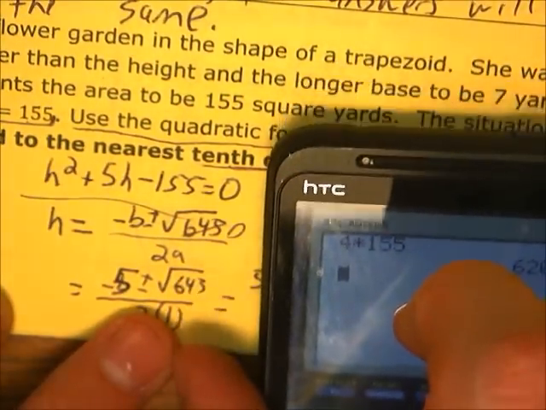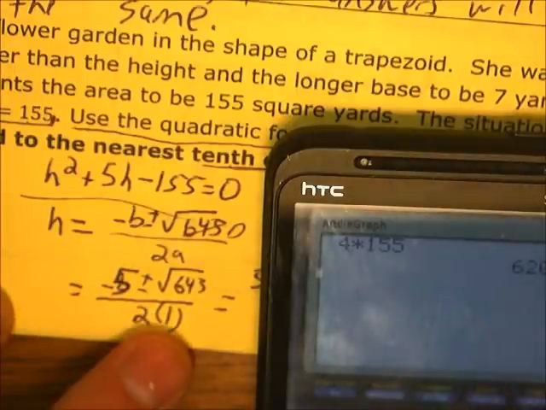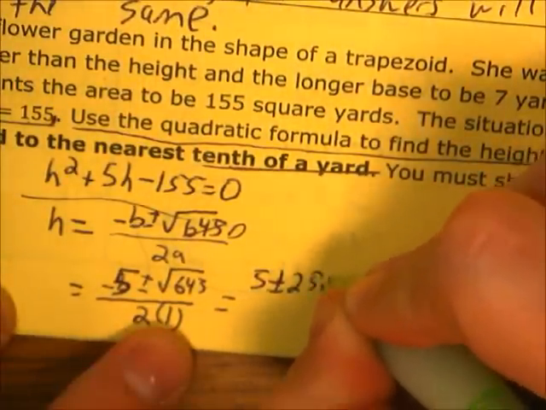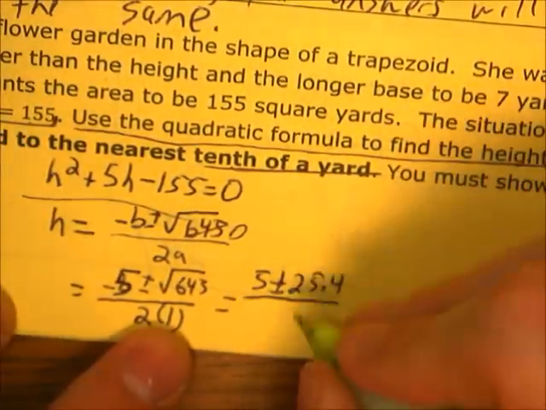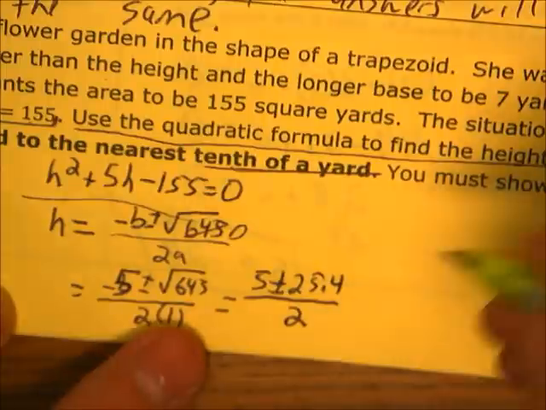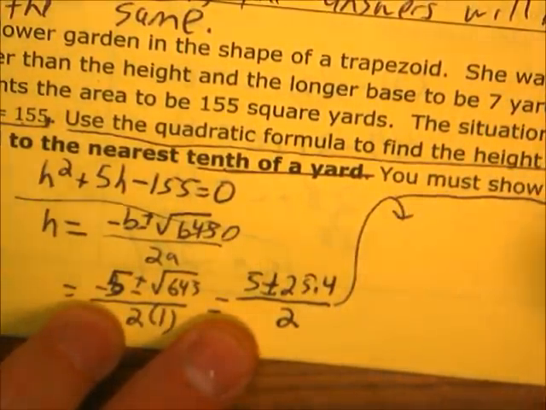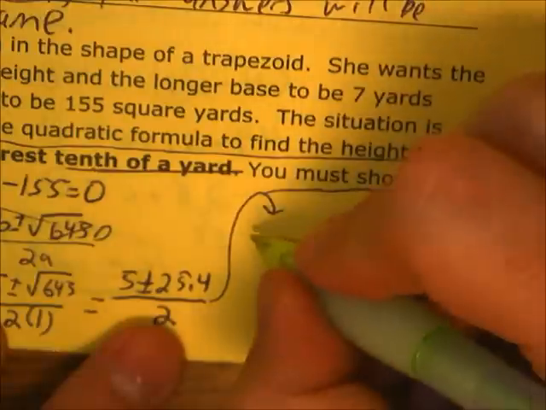now the square root of 645 is 25 point, it says nearest tenth, so 25.4 plus or minus 25.4 all over 2. Now keep in mind that has got to be split into 2 separate equations.